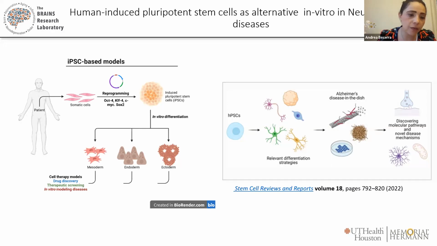This technique has helped us to develop cell therapy models, drug discovery, therapeutic screening, and in vitro disease models. In the case of a neurodegenerative model, we can obtain cells from a patient with Alzheimer's disease, reprogram the cells to a pluripotent phenotype, and differentiate them into different neural cells such as neurons, astrocytes, and microglia, and discover molecular pathways and novel disease mechanisms specifically from this patient.